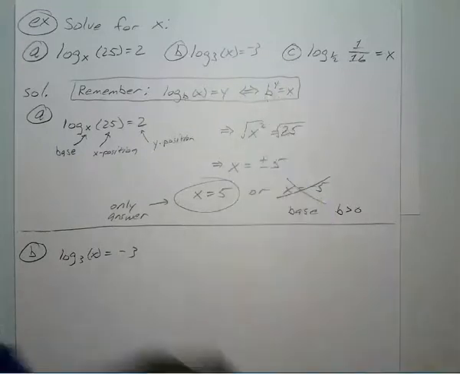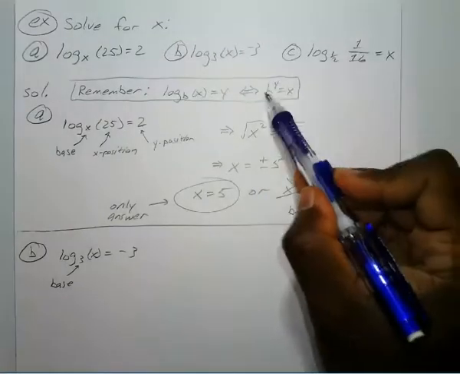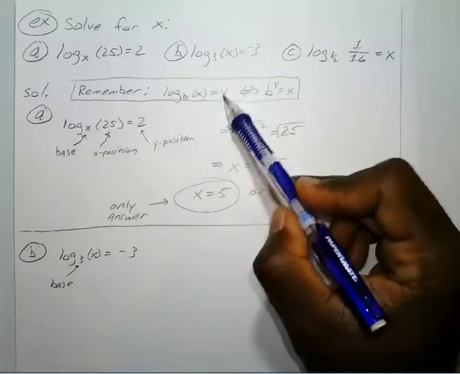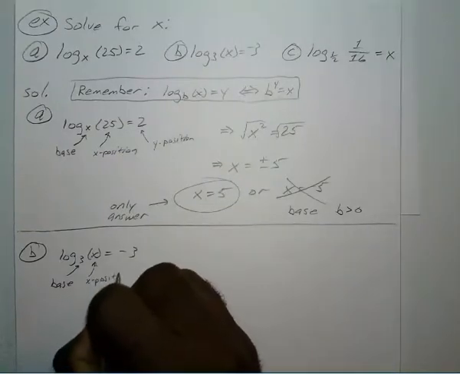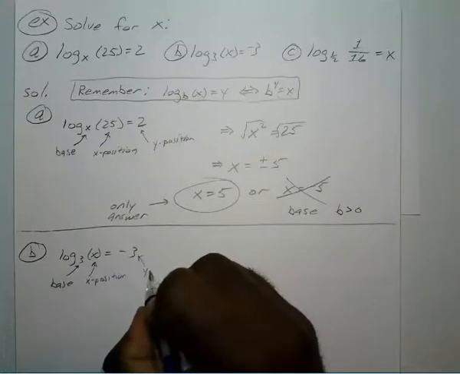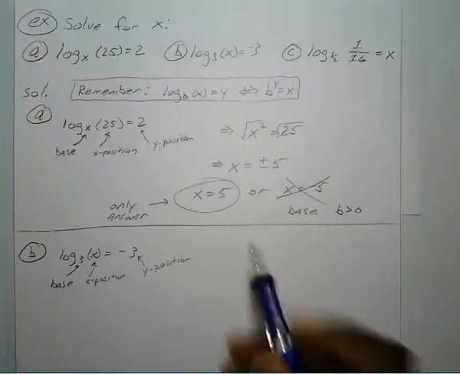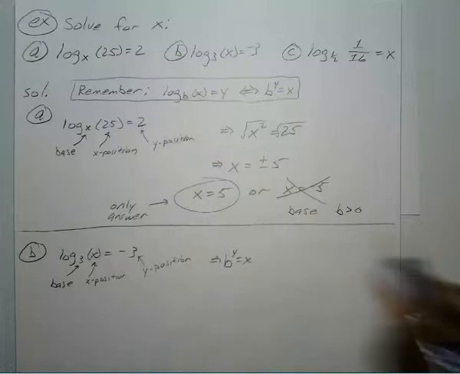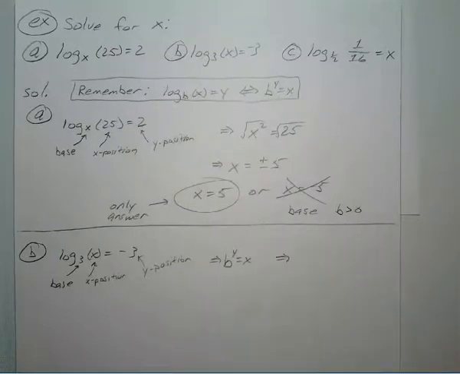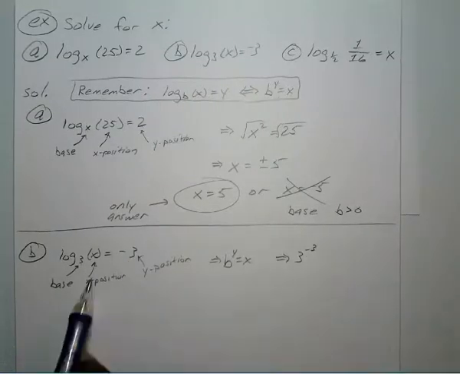So we have our base, our x position, and our y position. Okay, so we just convert this to b to the power of y equals x, which is our base, which is 3, to the power of y, power of negative 3, equals x.